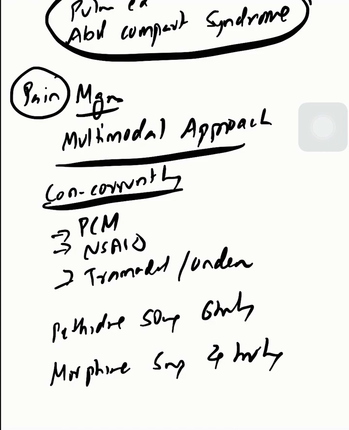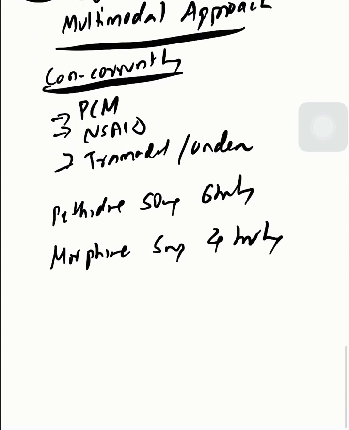So we give two to three of these pain medications concurrently to decrease the pain. If we give these three concurrently, then we can decrease the higher doses of opioids like morphine, which cause more sedation and might lead to ileus as well.